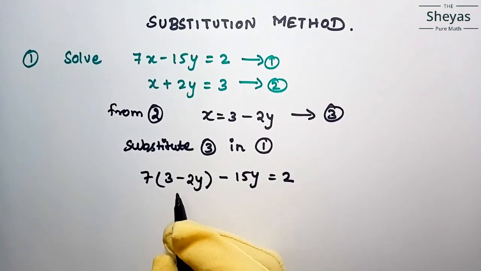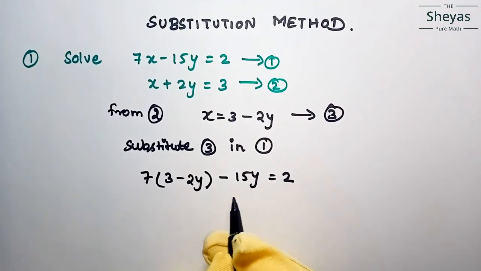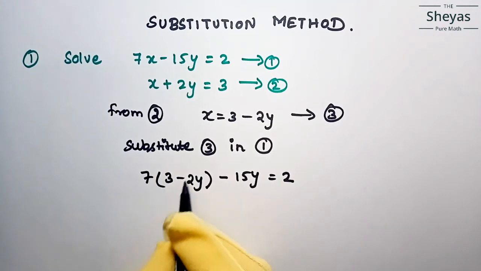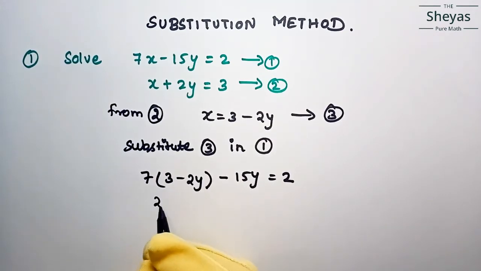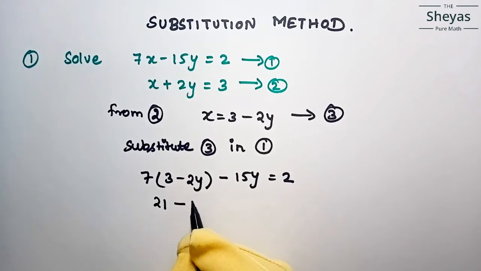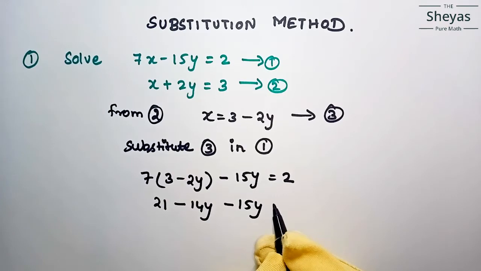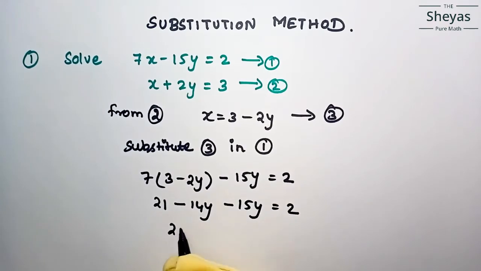Now you can multiply the bracket values. 7 into 3, 21, minus 14y minus 15y is equal to 2. Now 21 is the constant, and these are the like terms, so add the like terms. So you will be getting minus 29y is equal to 2.